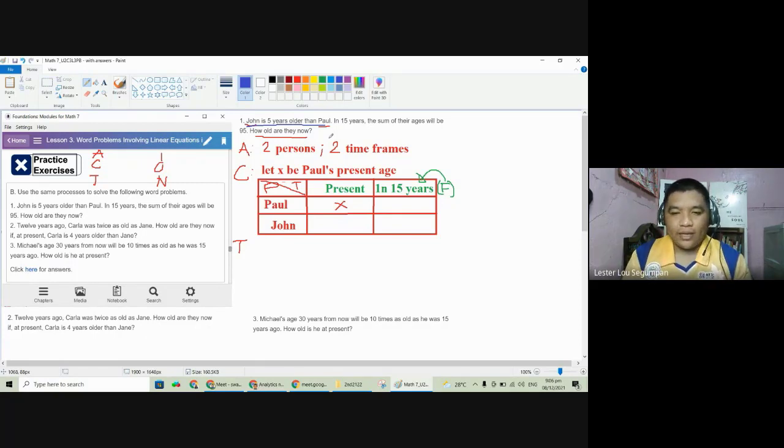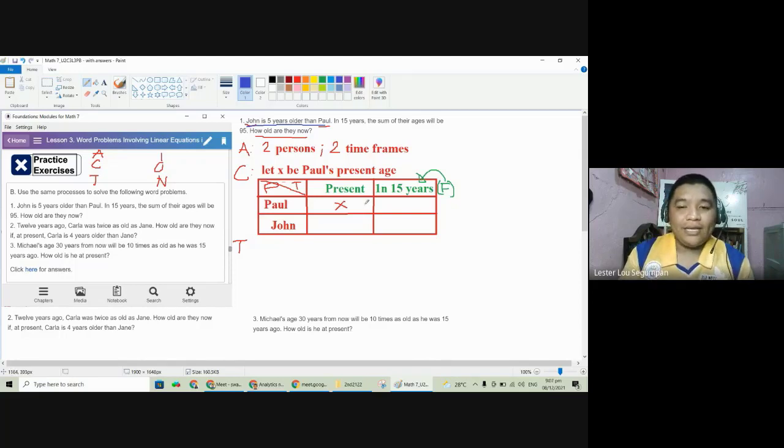Let's put it this way. If you are 14 years old right now and you have a sibling who is 5 years older than you, your sibling will be 19. How do we get 19 if you are 14? To get 19, we simply add 5.